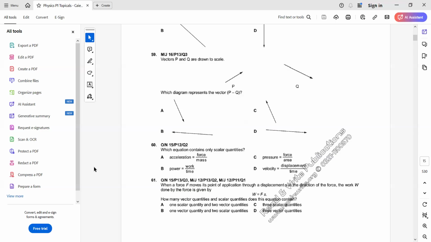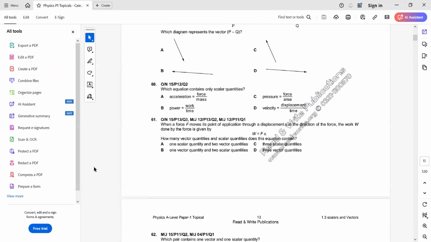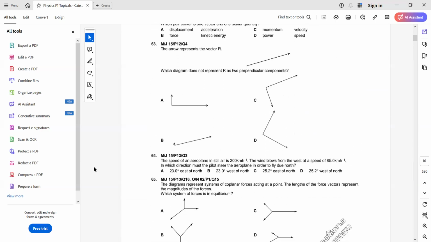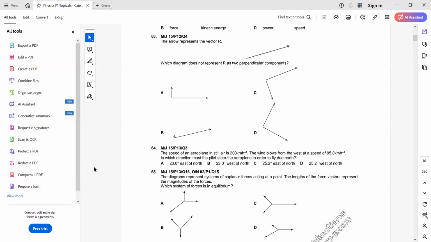C. 59 is C. That is correct. Let's try 63. C. 63 is C. Correct. Let's try 64.